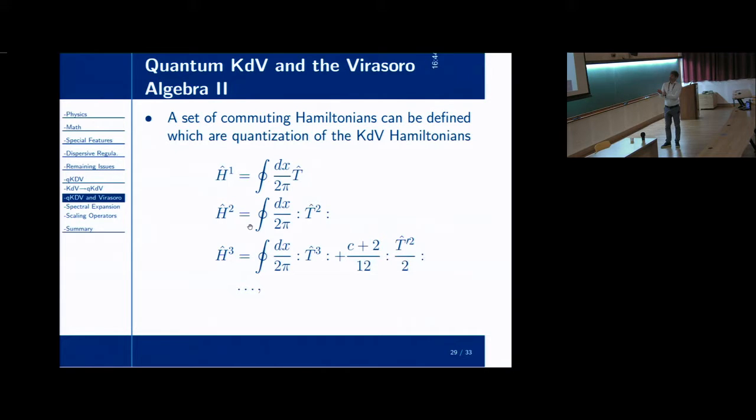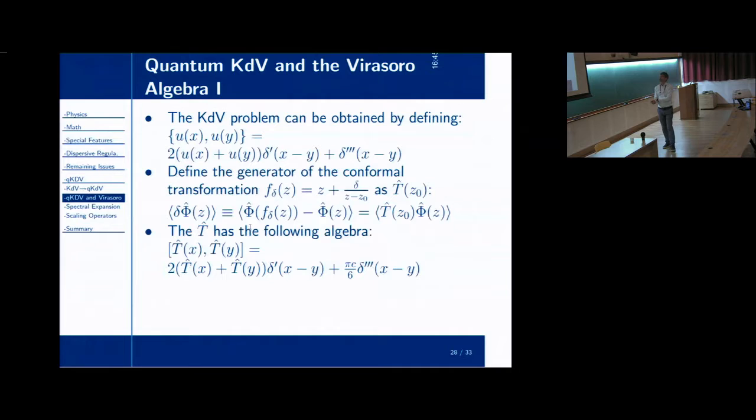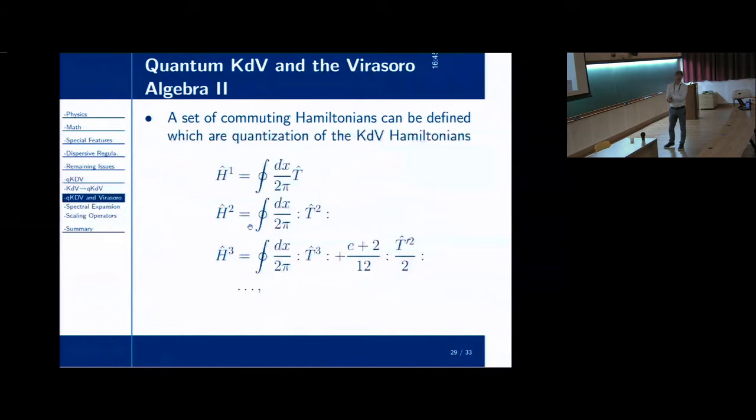And we may try to find certain commuting Hamiltonians also in the quantum case by just guessing them from their form in the KdV case, in the classical case. And since the Poisson structure of the KdV is so similar to the commutator in conformal field theory, what we get is simply that these Hamiltonians do commute.